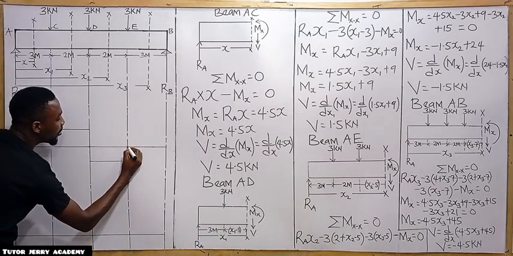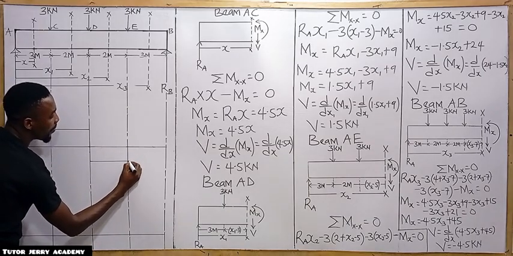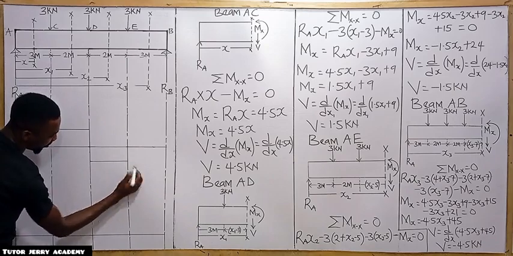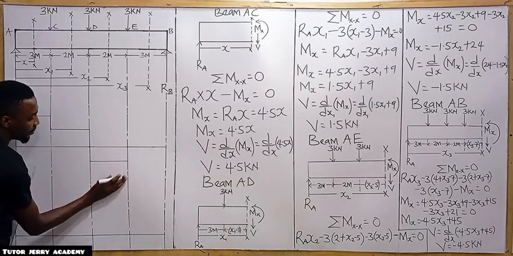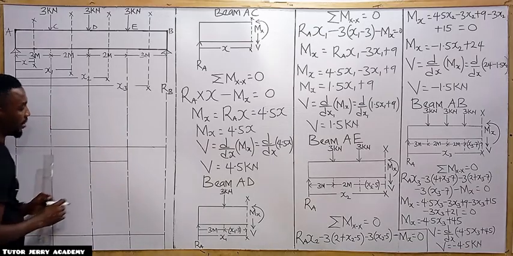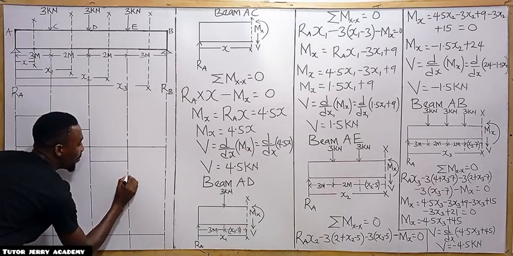Don't forget, from this point to this point is 1.5, so we are just going to add 3 to it to have 4.5. Let's take this point to be our 4.5.